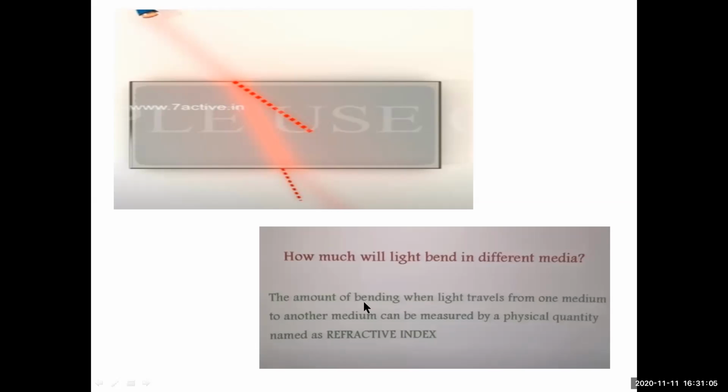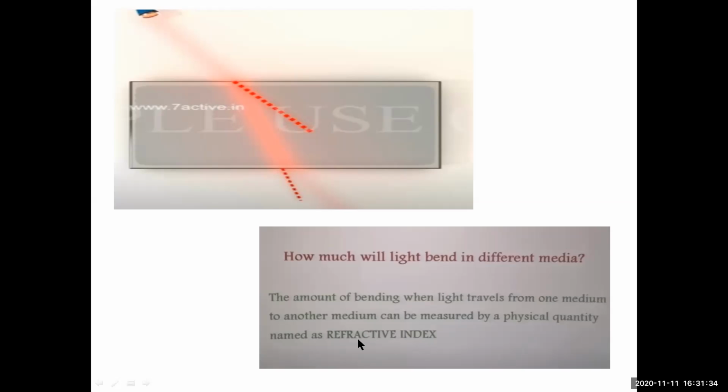So, the amount of bending when light travels from one medium to another medium can be measured by the physical quantity called refractive index. So we have to measure how much it is bending. How much the light ray is bending in its angle should be measured by a physical quantity called refractive index.